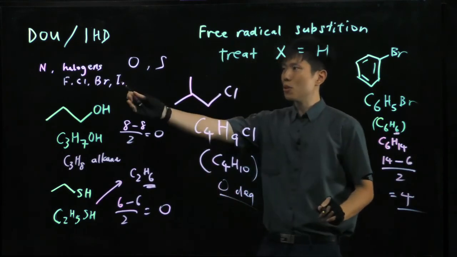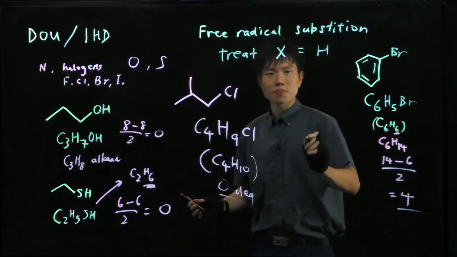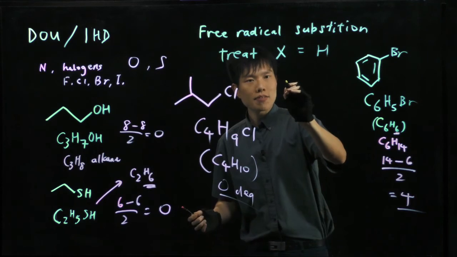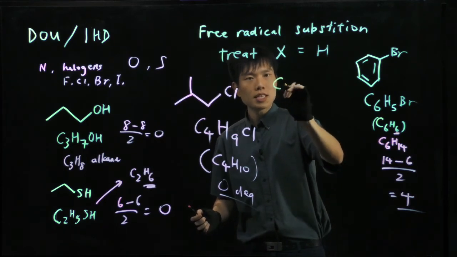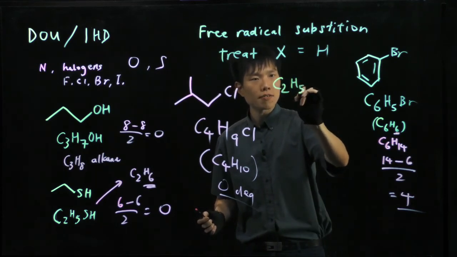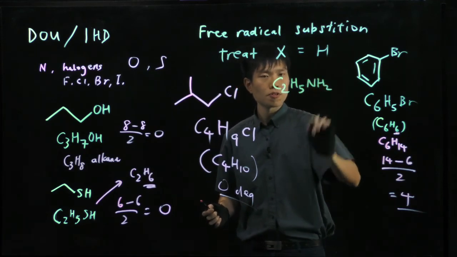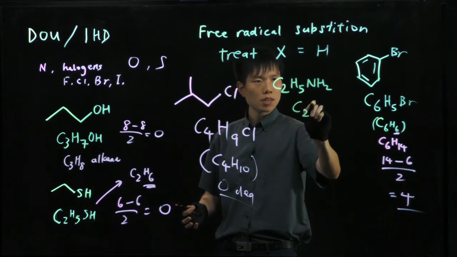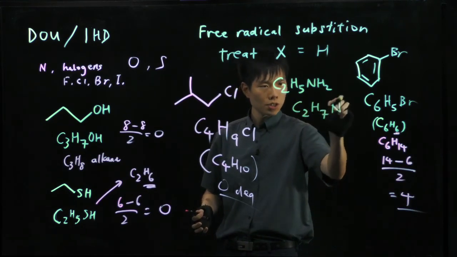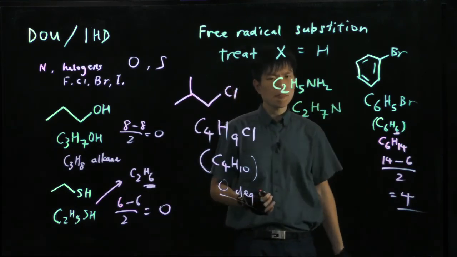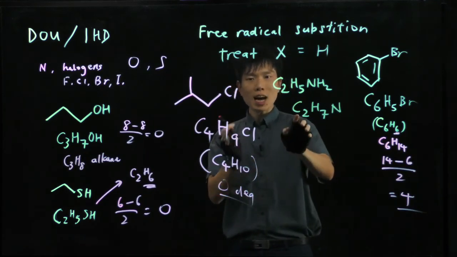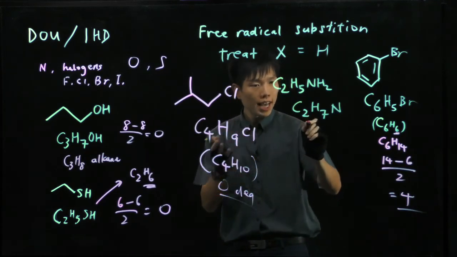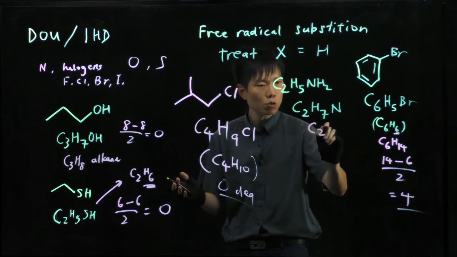Now for the last example, we talk about nitrogen. Let's say we have C2H5NH2, right? If you join them together, you have a C2H7 nitrogen, right? Like this. Then it's very puzzling. If I look at the carbon only, the formula I could get from an alkane would be C2H6.